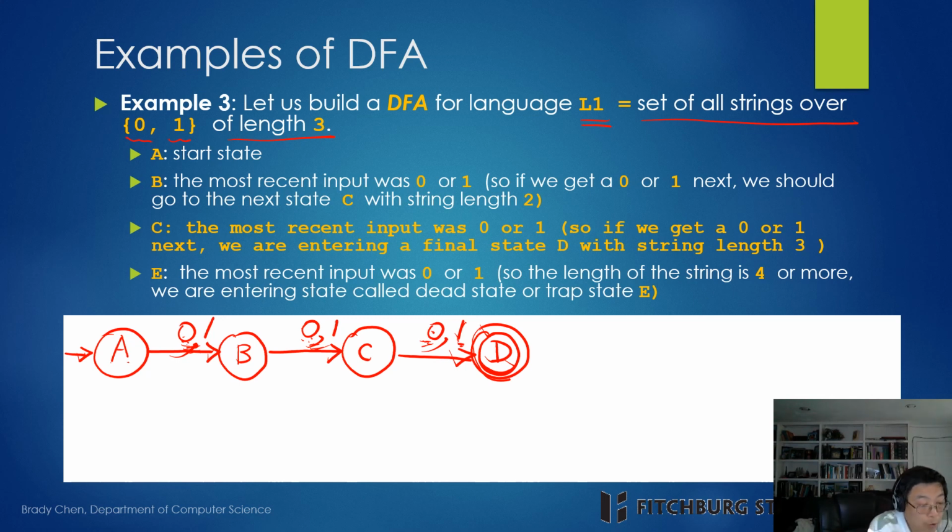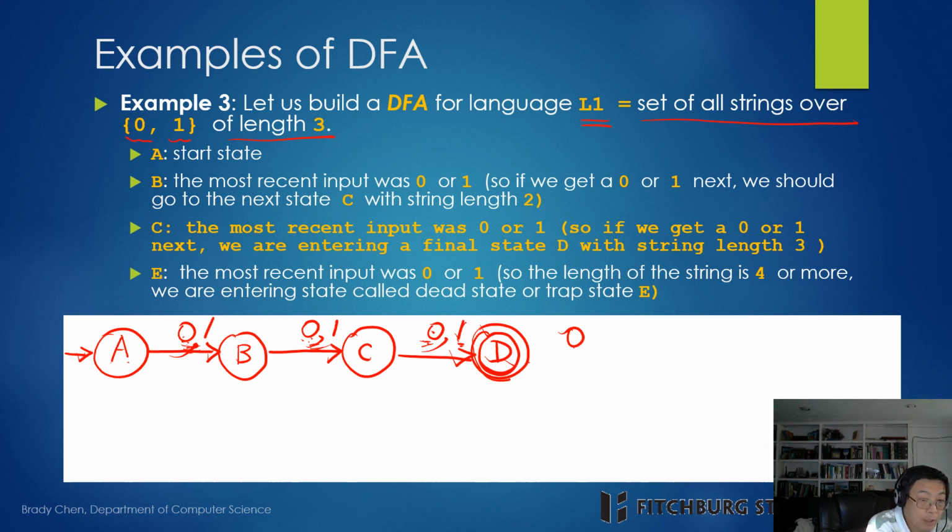However, once we reach D, if we continue to input a character, let's say 0, that means we already reached the accepting state, so we already have 3 characters in the string. But now we want to add the 4th character, which is 0.